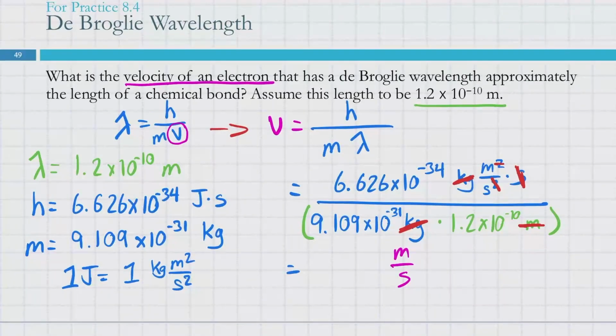I get a large number, 6.1 for two significant figures times 10 to the 8 meters per second.